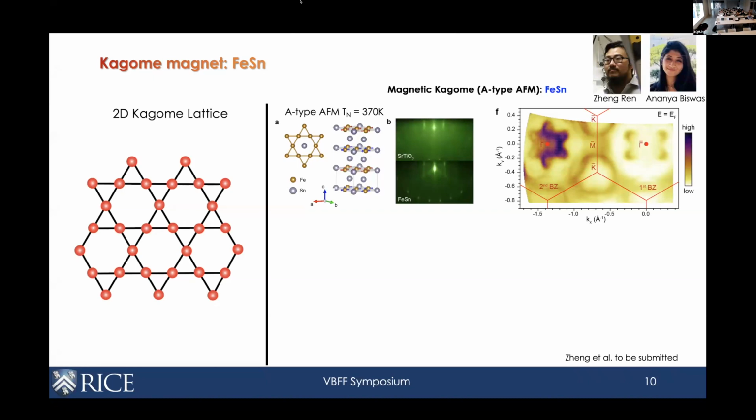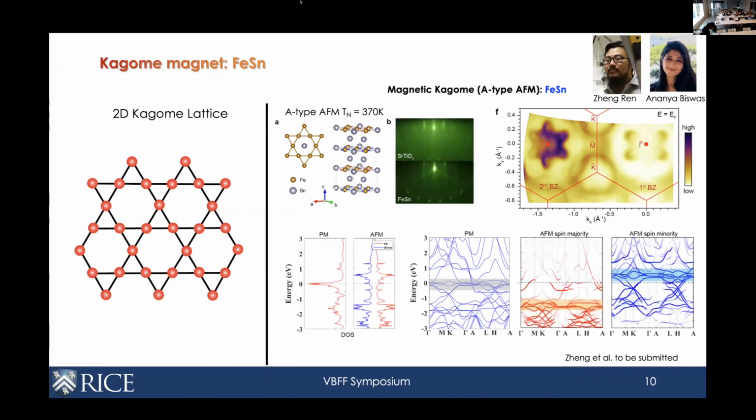Simple, right? So the question we want to ask ourselves is, what happens to the band structure as the system goes through the magnetic order? And I just want to say this material existed in single crystal form for a while, but the difficulty with the single crystal is that for ARPES, it's very difficult for it to stay clean as we do this measurement.